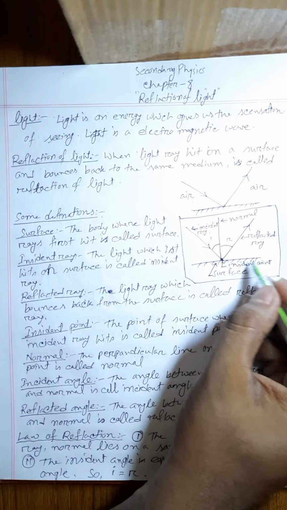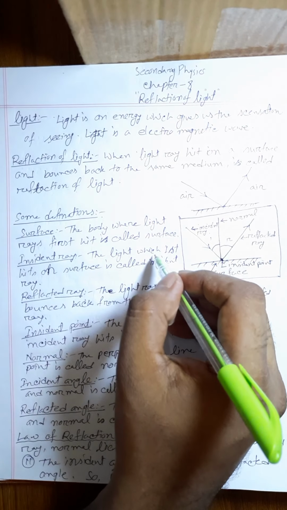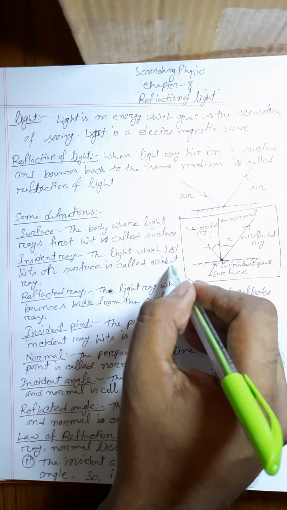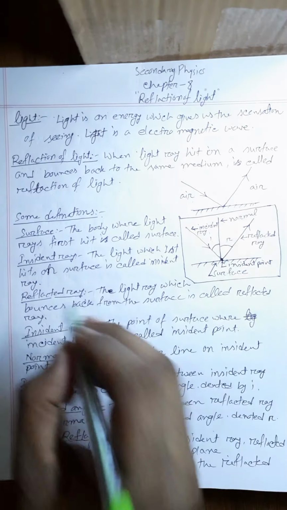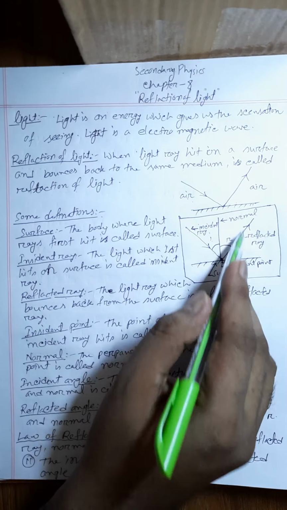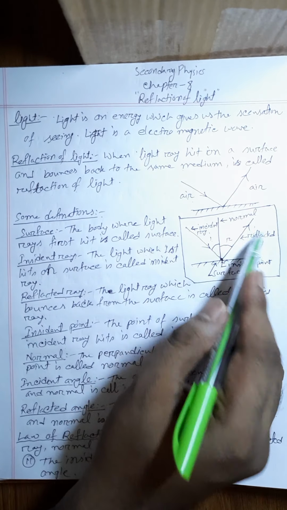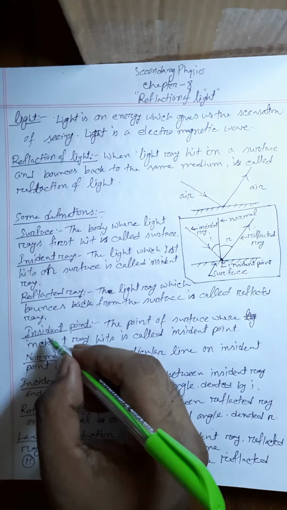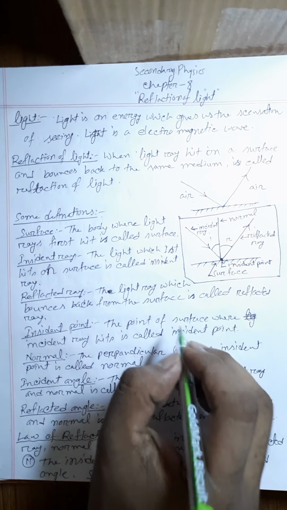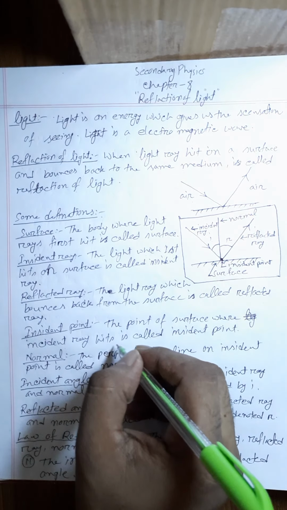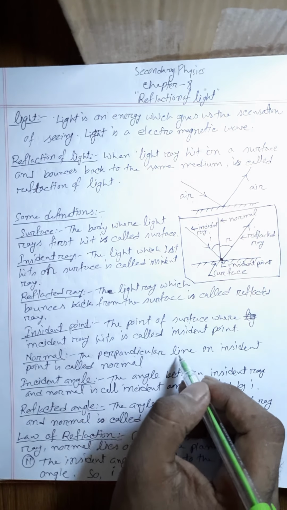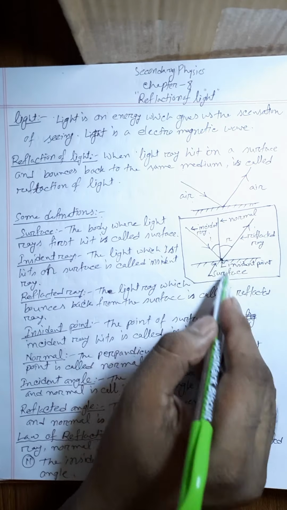This is the surface. Incident ray, the light which first hits on the surface, is called the incident ray. Reflected ray, the light ray which bounces back from the surface, is called the reflected ray. Incident point, the point on the surface where the incident ray hits, is called the incident point. Okay. Normal, the perpendicular line on the incident point, is called the normal.